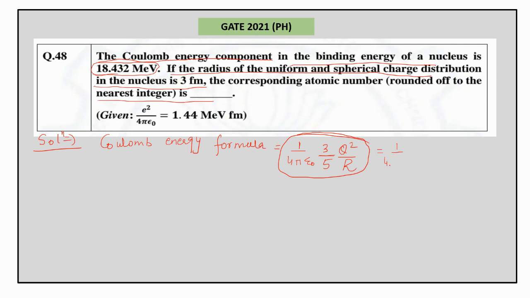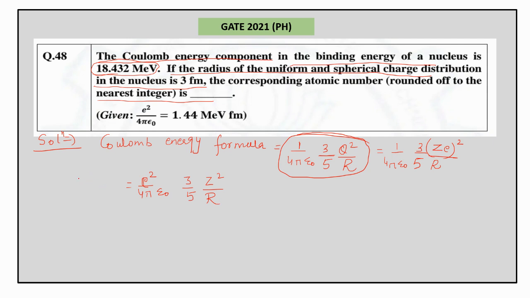So you can write q square, q is equal to Ze, right, upon r. So this is 1 upon 4 pi epsilon naught, e square, 3 by 5, Z square by r.